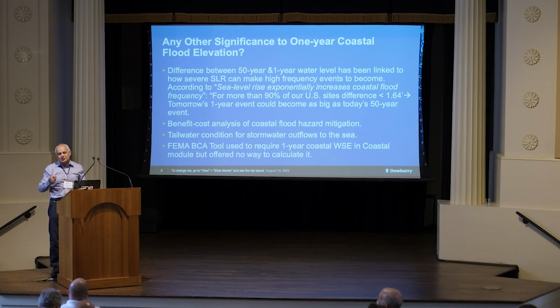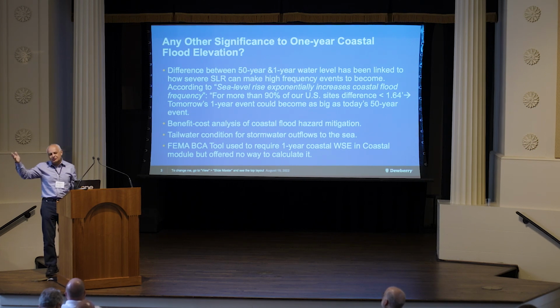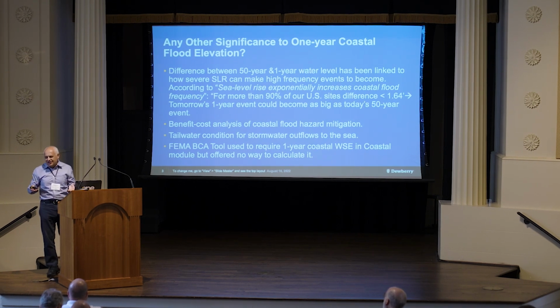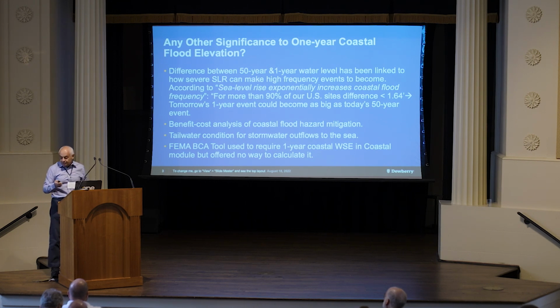In other words, they want to spend today's dollars to prevent problems that are not fully realized until 50 or 100 years from now. So in the meantime, they'll be over-designing their bridge for the next 50 or 100 years. And that is a problem when we talk about benefit cost analysis in those terms. But that's a different story.